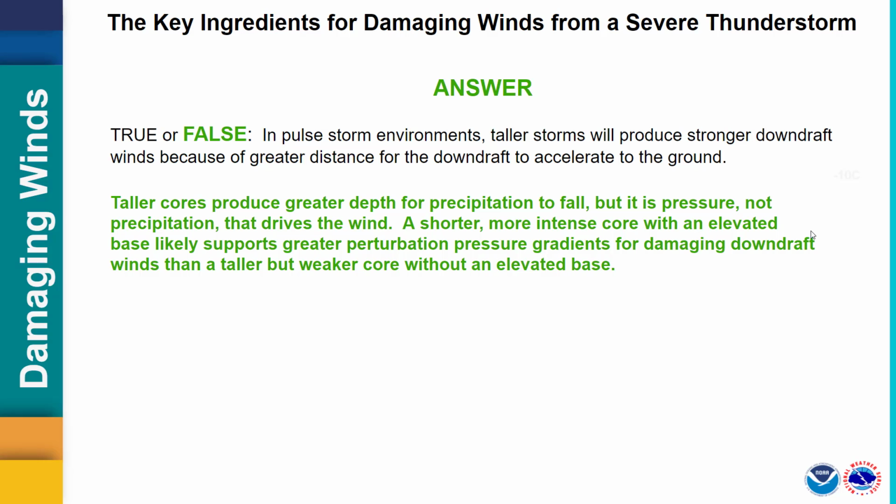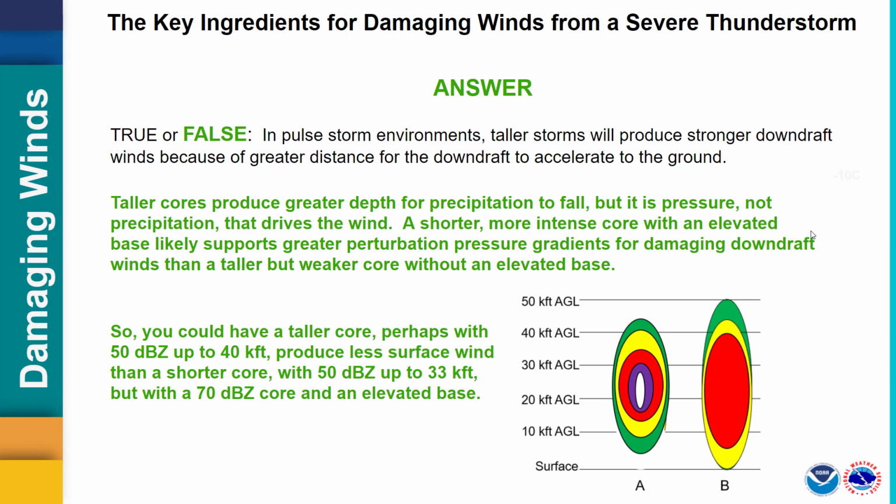A shorter, more intense core with an elevated base likely supports greater perturbation pressure gradients for damaging downdraft winds than a taller but weaker core without an elevated base. So you could have a taller core, perhaps with 50 dBZ up to 40,000 feet, produce less surface wind than a shorter core with 50 dBZ to say 33,000 feet, but with a 70 dBZ core and an elevated base.